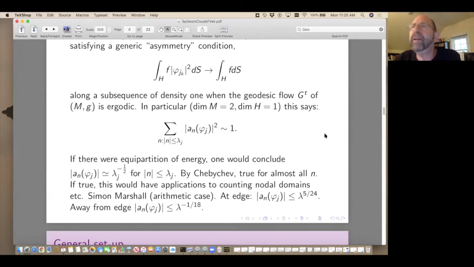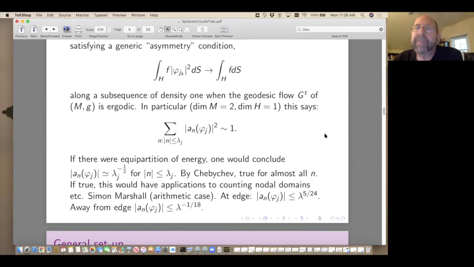I guess any physicist would conjecture that there should be no exceptional eigenfunctions, no exceptional Fourier coefficients. They should all be pretty much the same. So you would guess that these particular Fourier coefficients should all come out to be lambda_j to the minus 1/2.